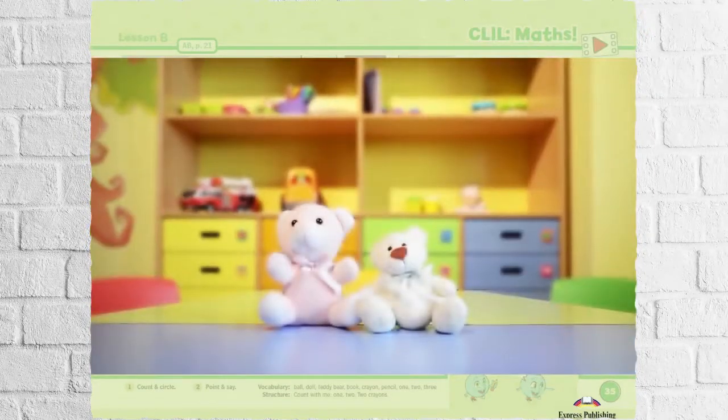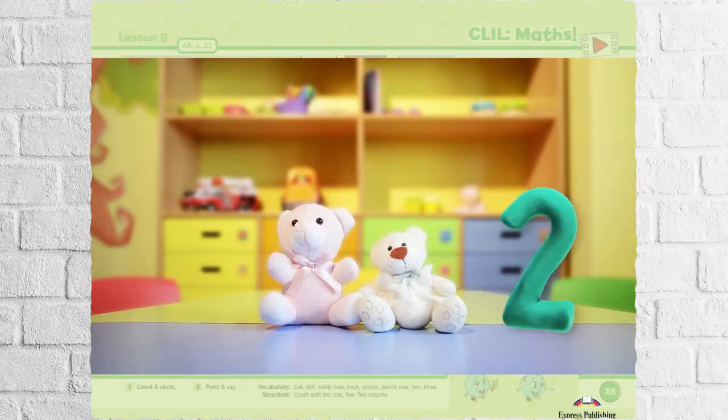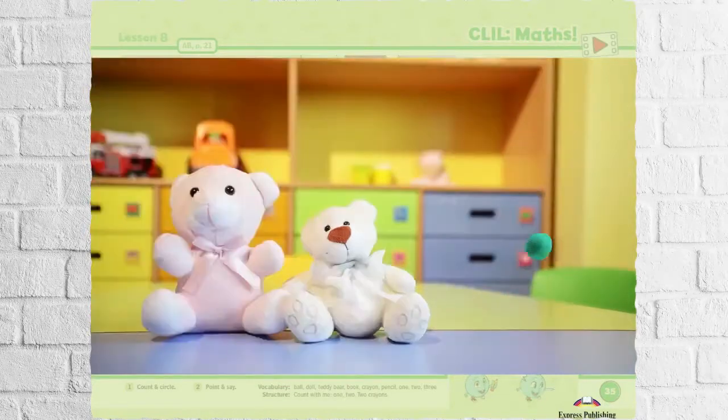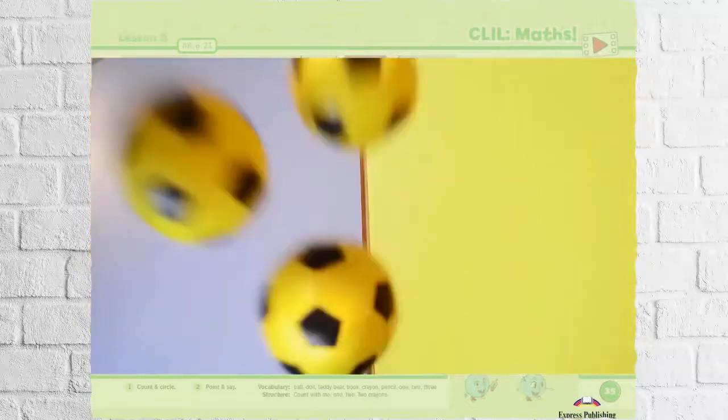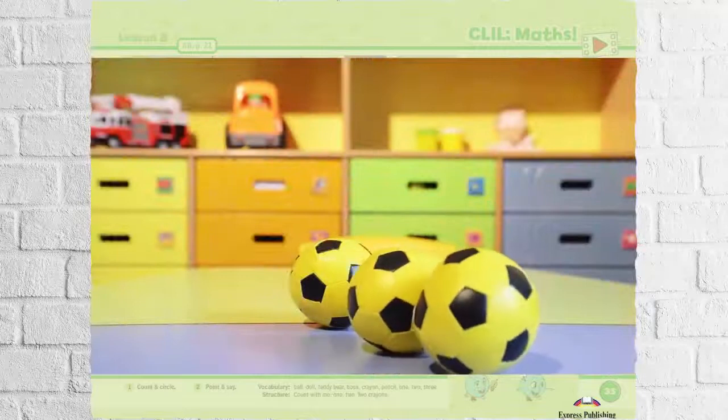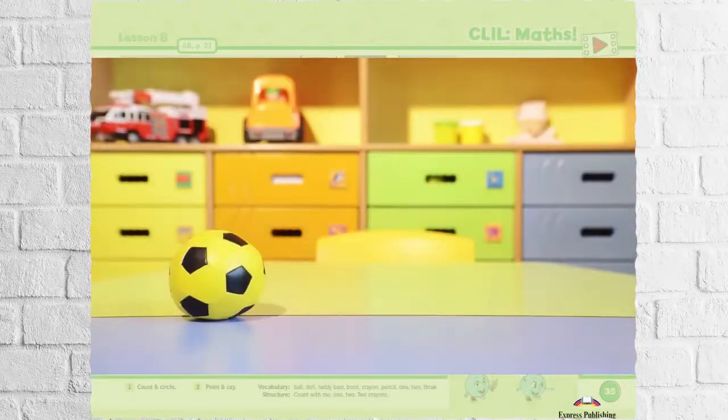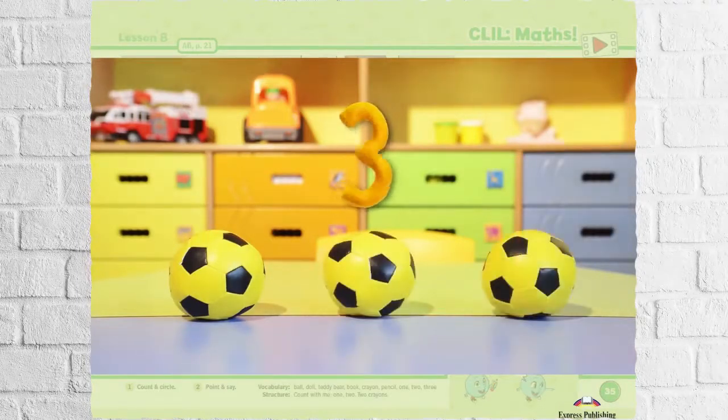Look, teddy bears. Count with me. 1, 2. 2 teddy bears. Look at the balls. Count with me. 1, 2, 3. 3 balls.